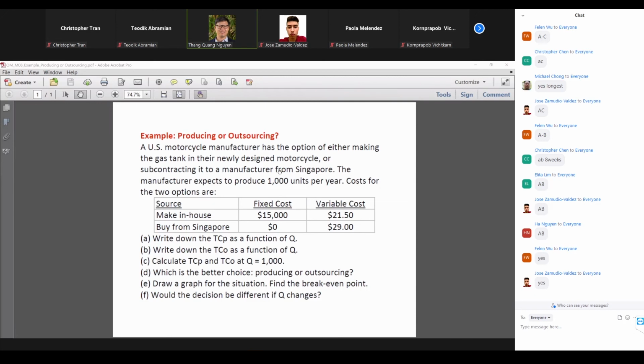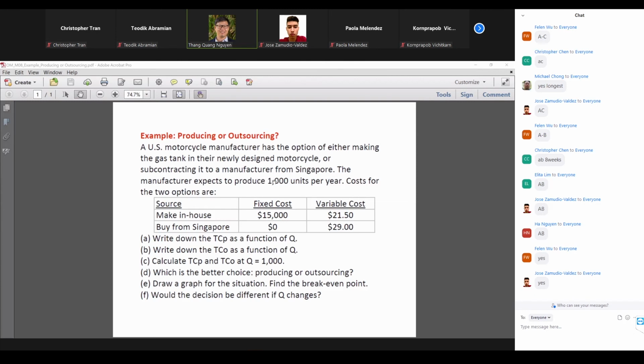So let's think about this as Harley-Davidson. They have a newly designed motorcycle, and they plan to sell 1,000 bikes each year, right? So each year they will need 1,000 gas tanks to put on the bikes, right? So that's the context here.